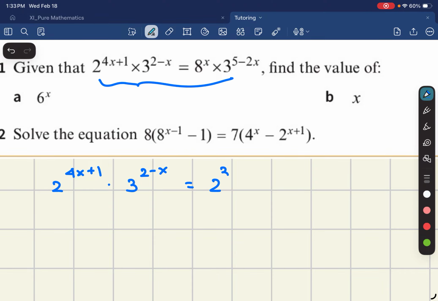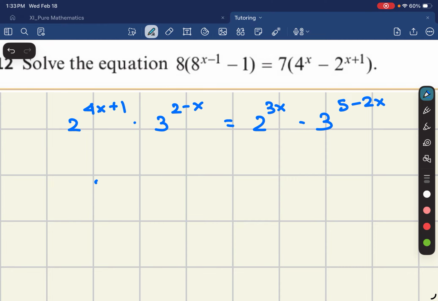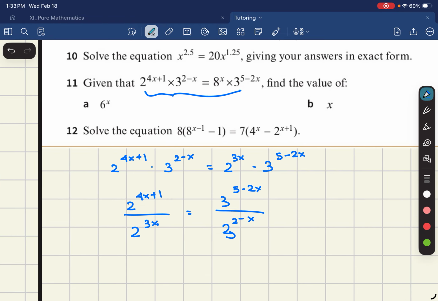So I can write it as 2 to the power 3x times 3 to the power 5 minus 2x. And I can group things together. I can say 2 to the power 4x plus 1 divided by 2 to the power 3x is equal to 3 to the power 5 minus 2x divided by 3 to the power 2 minus x.